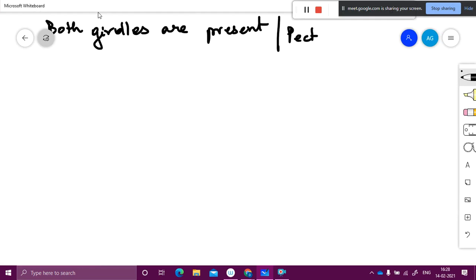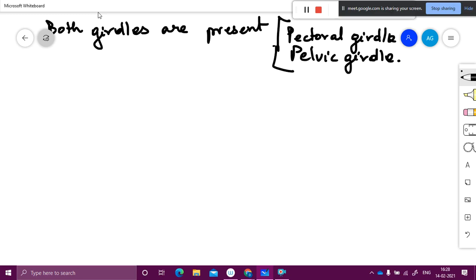They are the pectoral girdle and the pelvic girdle. Both girdles are present.